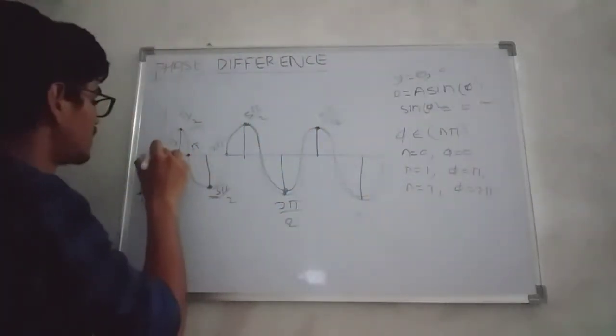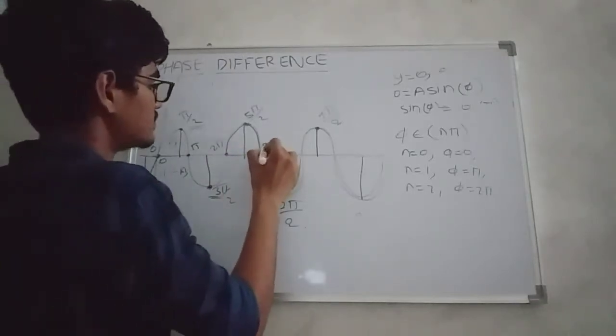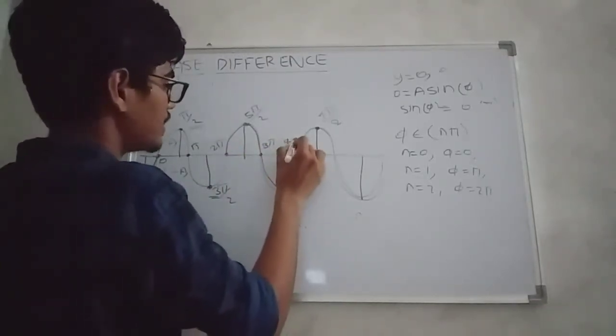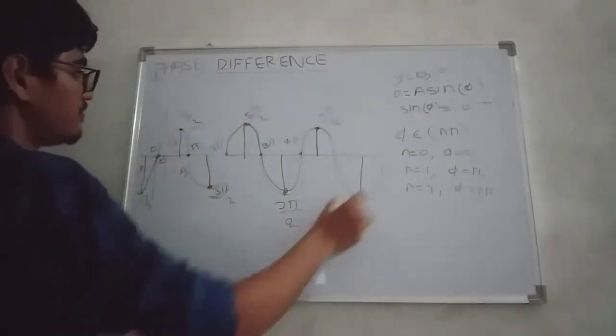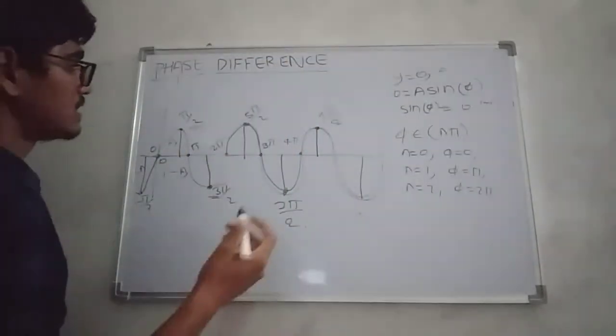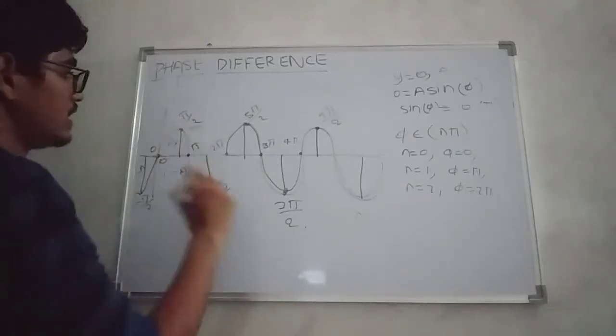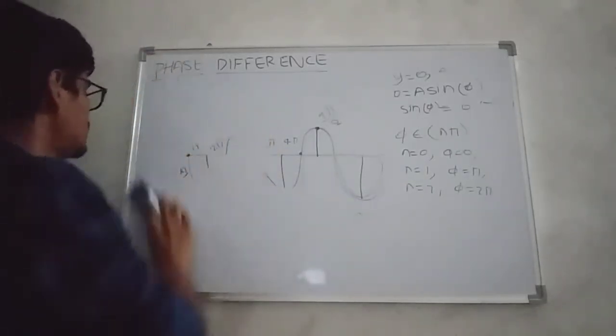Similar to that, the positions of particle becomes 3 pi, 4 pi. Now we have known what are the phases of particle in a wave. Now I want to explain what is phase difference.